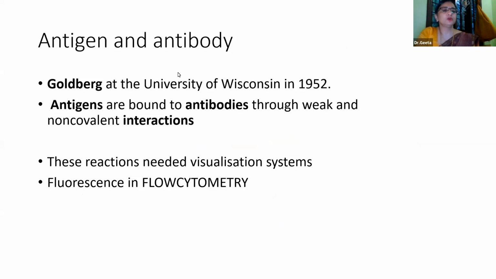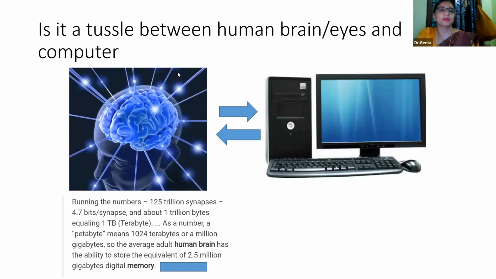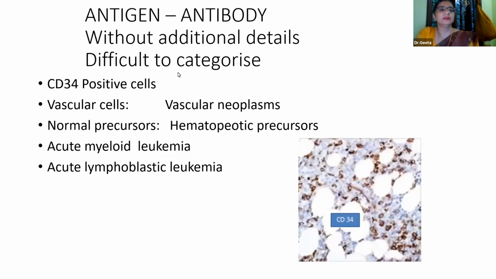And another gentleman, Goldberg, who demonstrated first that antibodies could bind to antigen. And this is the basic principle of all the tests which are based on antigen and antibody reaction, including flow cytometry, immunohistochemistry, ELISA, and an array of other tests.